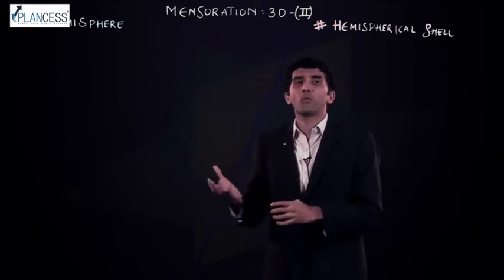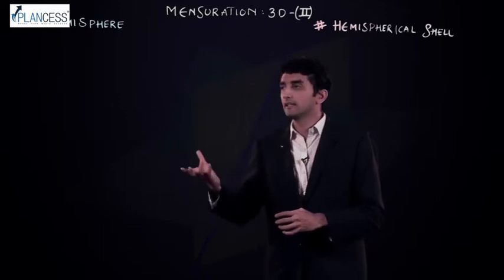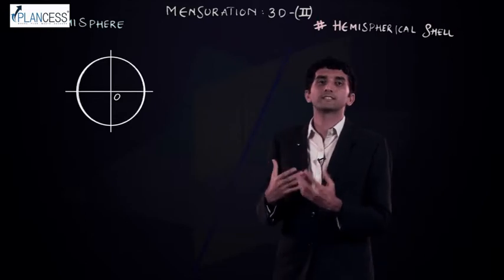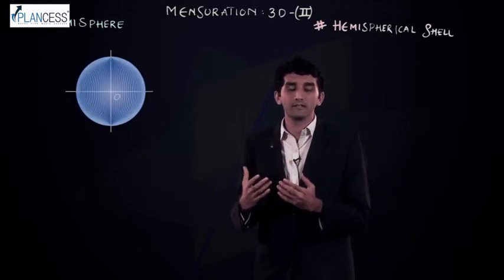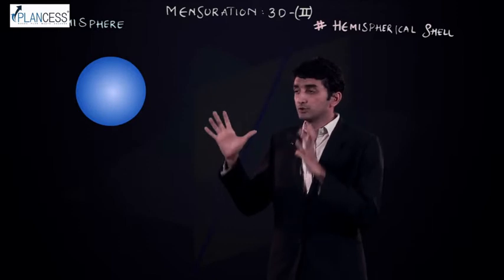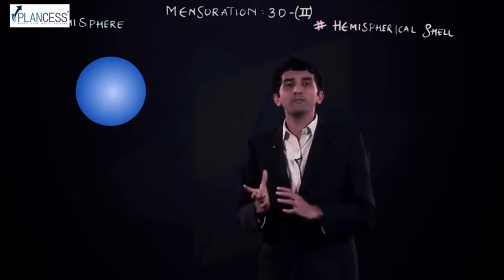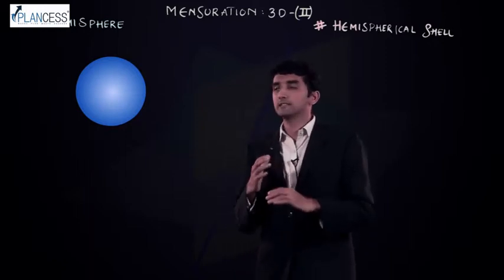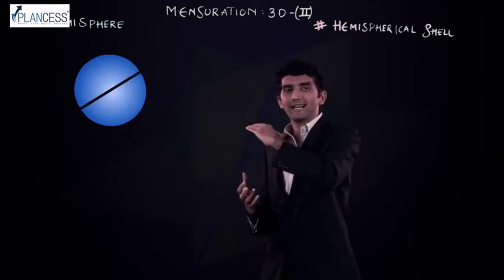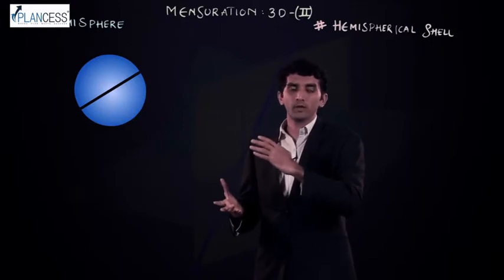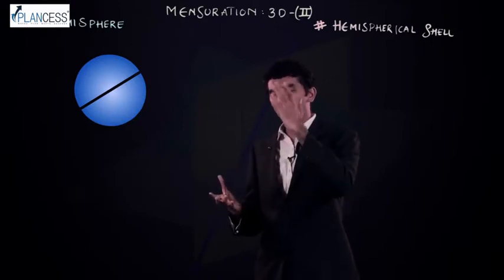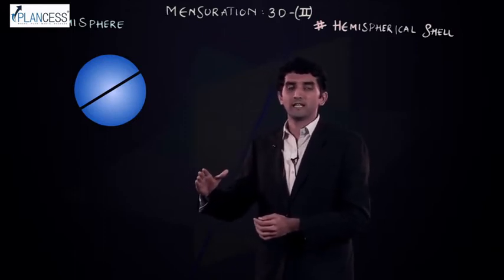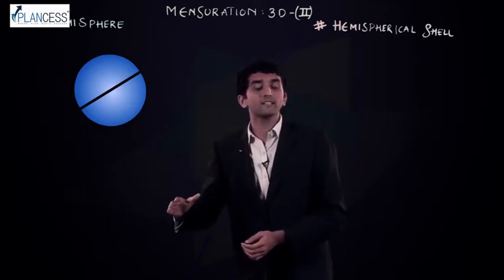Earlier we learnt what a sphere is. A sphere is a solid which is generated by revolving a circle across its diameter, any of its diameters for that matter. So if this is a sphere, a hemisphere is nothing but exactly half of it. So what we are going to do is cut this sphere exactly from between, using any of its diameters, which will pass through the center of this sphere.